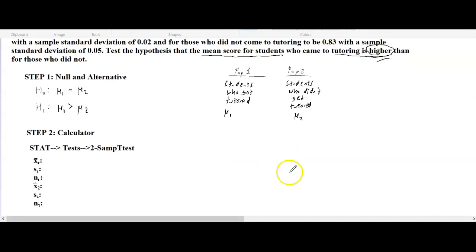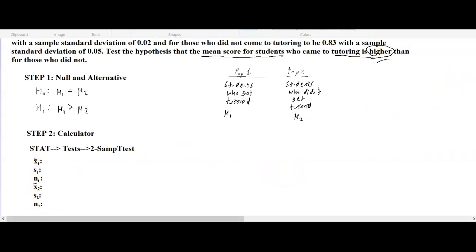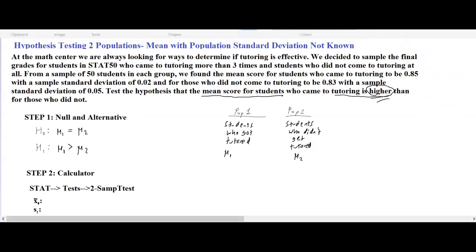So from our problem, we can go up and try to fill in the information that the calculator needs. I like to just go through and highlight all the numbers and then see where those go. So I see 50, I see this 0.85, I see this 0.02, and this 0.83, and this 0.05, so let's see where those go.